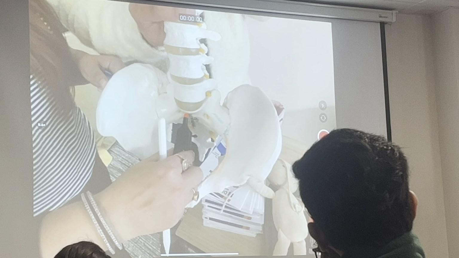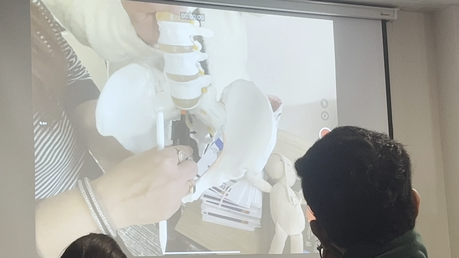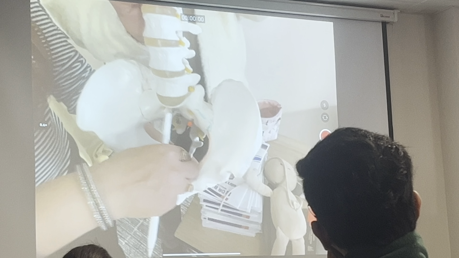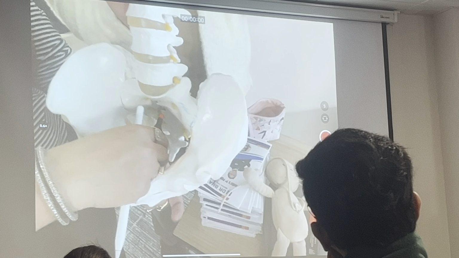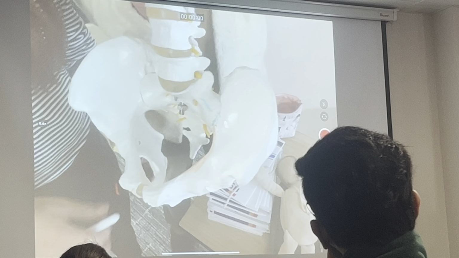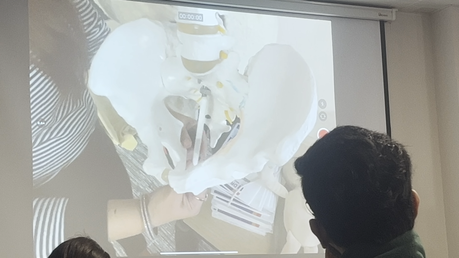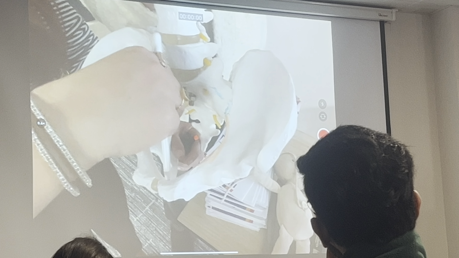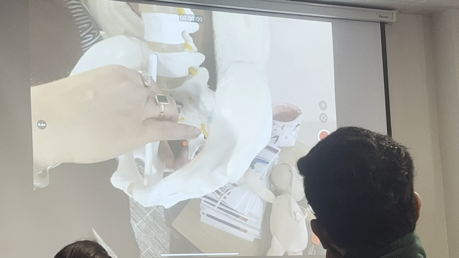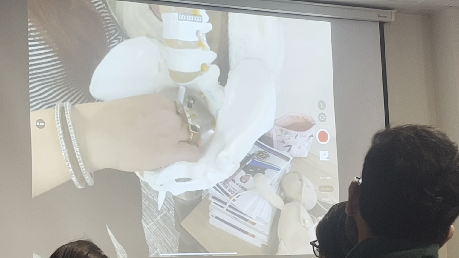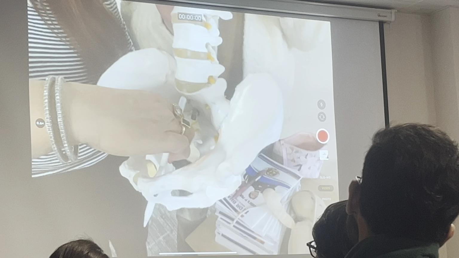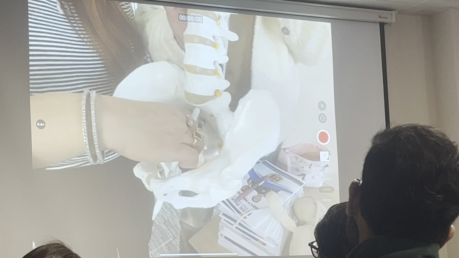Right? Someone can say, no ma'am, I am not going to draw the AP diameter like this. I will take it from the middle like this. From middle I am going to go like this. A third one can say, no, I am going to draw it from the lower border of pubic symphysis.